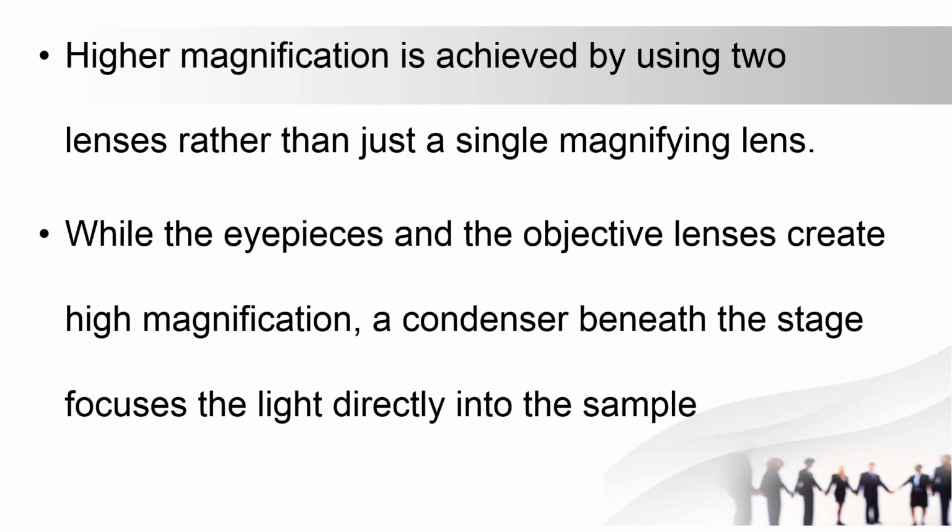We will talk about the functions of the various parts in another lesson, but for now we've made mention of the fact that a compound microscope combines two lenses in order to achieve a high power magnification. That is the magnification of the objective lens and the magnification of the eyepiece lens.